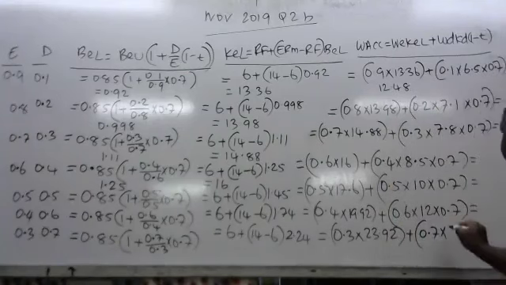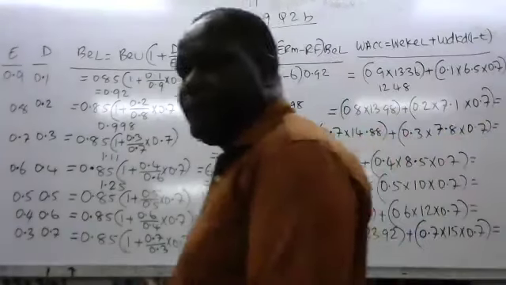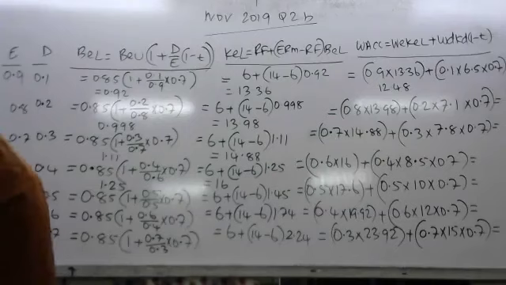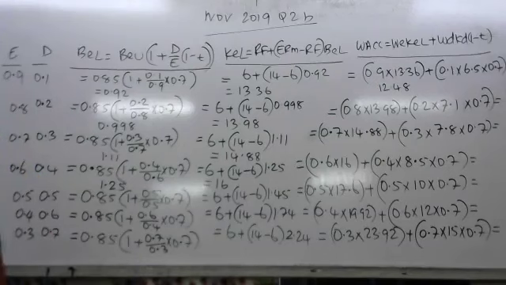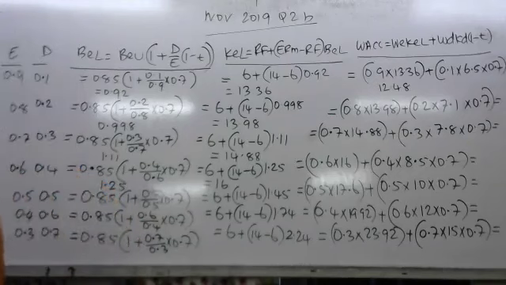So this one is 15, also multiplied by 0.7. So we are now to check among all of them where the WACC will be minimum. So we need now to establish where the WACC is minimum.